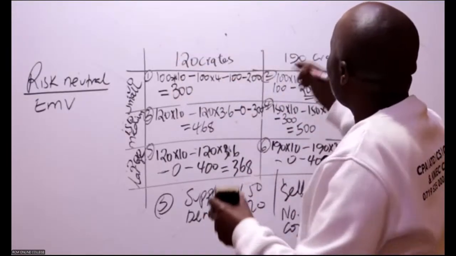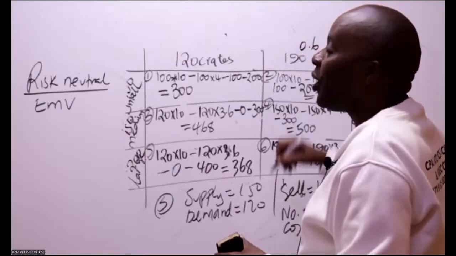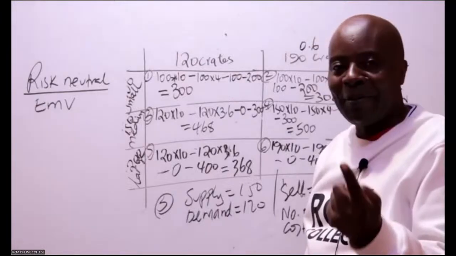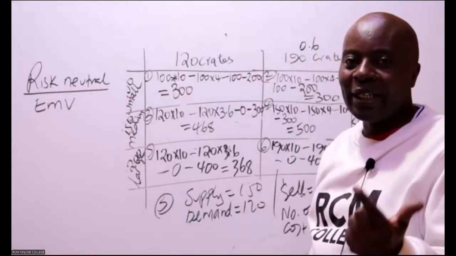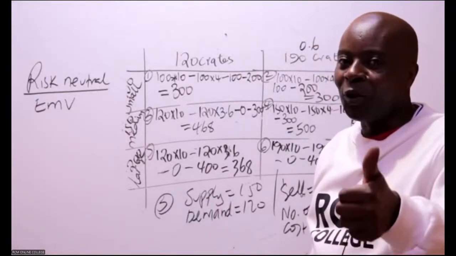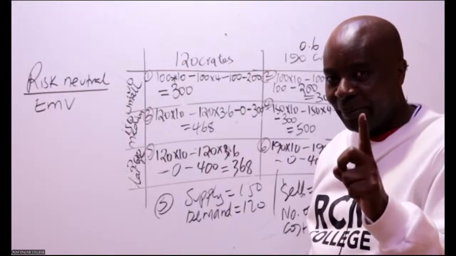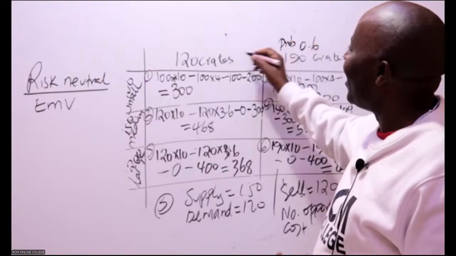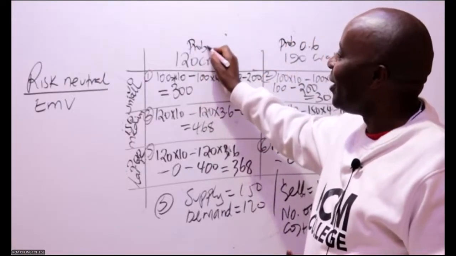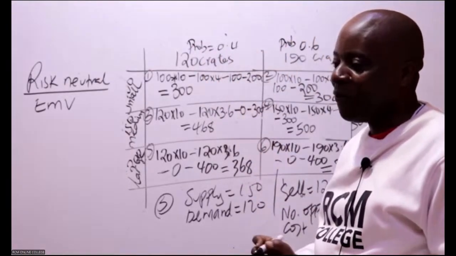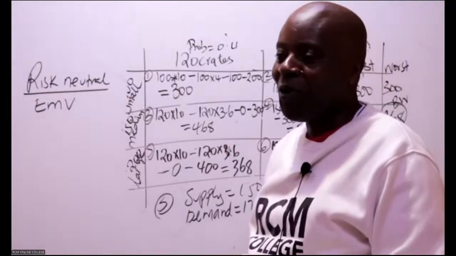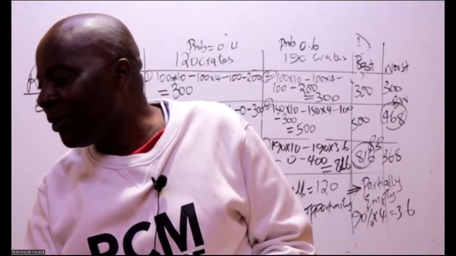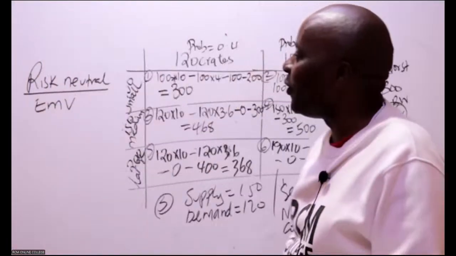Again, you will get a student calling you after an exam saying, Mwalimu, they only gave us one probability. I will tell them, if it's a December exam, for sure it was an error, but I know if there are only two demand states and they've given us this probability, then the other probability is 0.4. And then you go ahead and give us the expected monetary value for each one of them.